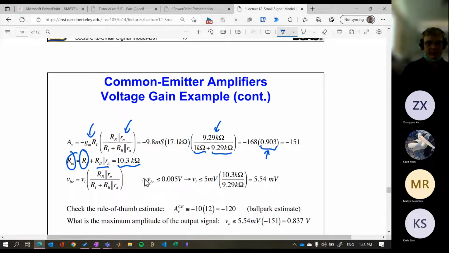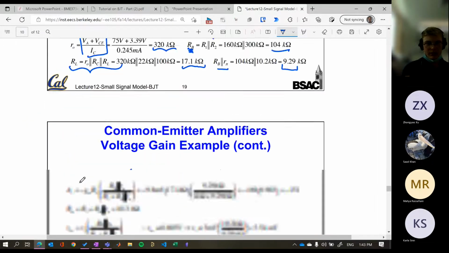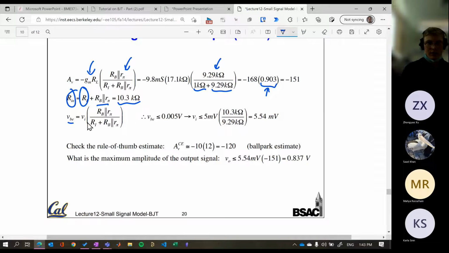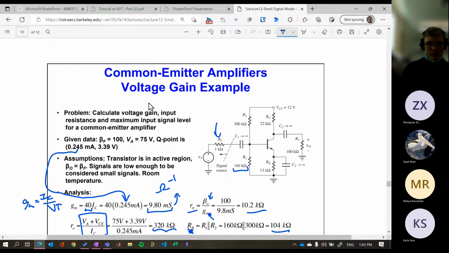And then to find VBE, it's just the voltage across our R pi. It's just a voltage divider. So giving us a range for VBE of 5 millivolts, I think it was.